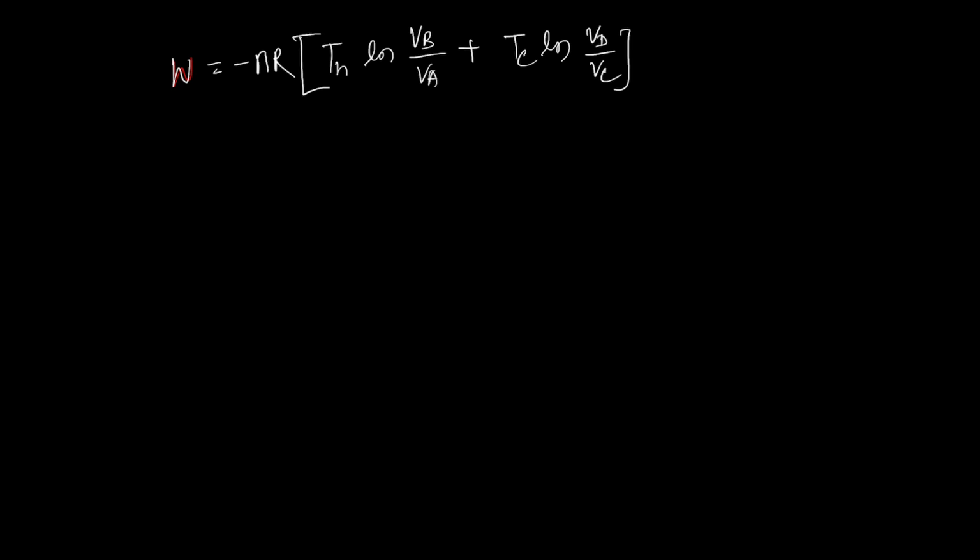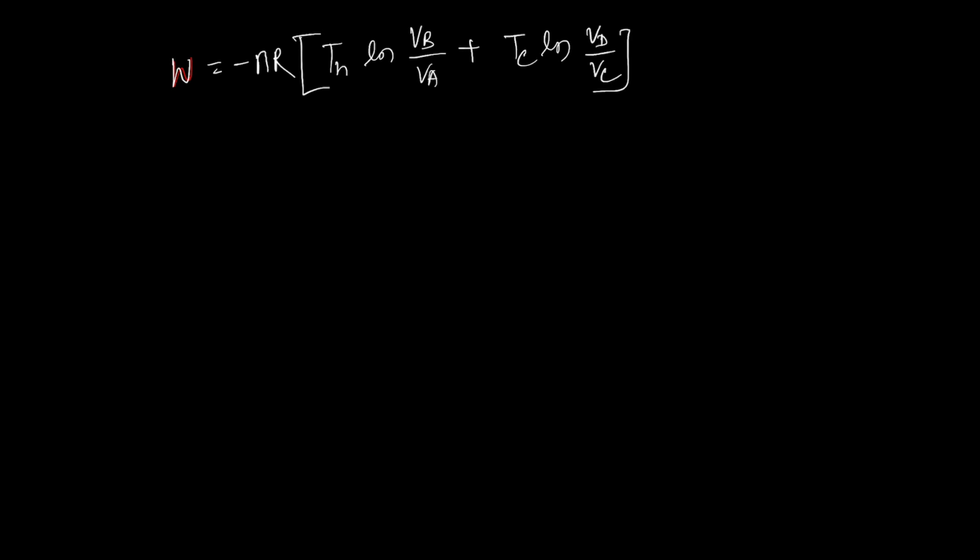So, we can simplify it even further and write W equal to minus NR Th ln Vb by Va plus Tc ln Vd by Vc.